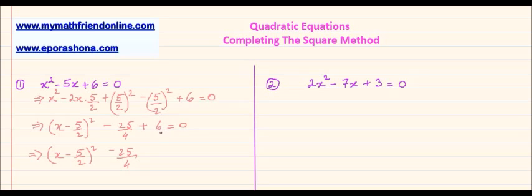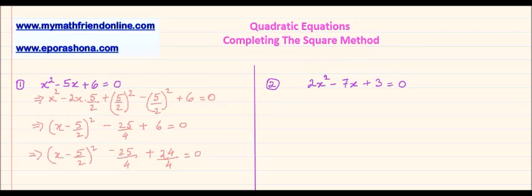Now 6 is having a denominator of 1. This 1 should be converted to 4. How can we convert 1 to 4? By multiplying it by 4. And if we multiply the denominator by 4, we have to multiply the numerator as well by 4. So we do that and we get 6 times 4 is 24 divided by 4 equal to 0.